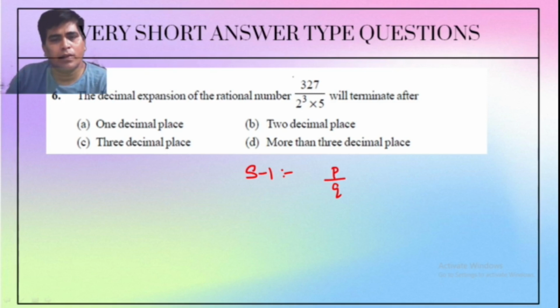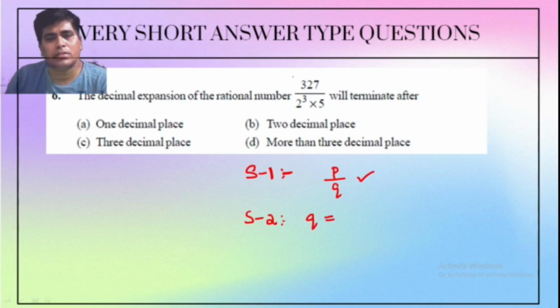So what is step 1? You have to check whether the given rational number p by q is in the standard form or not. So it is in the standard form. Step 2: you have to write the denominator.